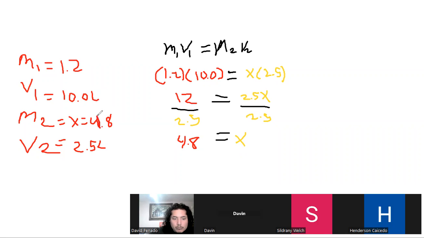Okay, so that's the answer. Wait, 4.2. That's the answer, and that is molarity. It's automatically 2 sig figs.